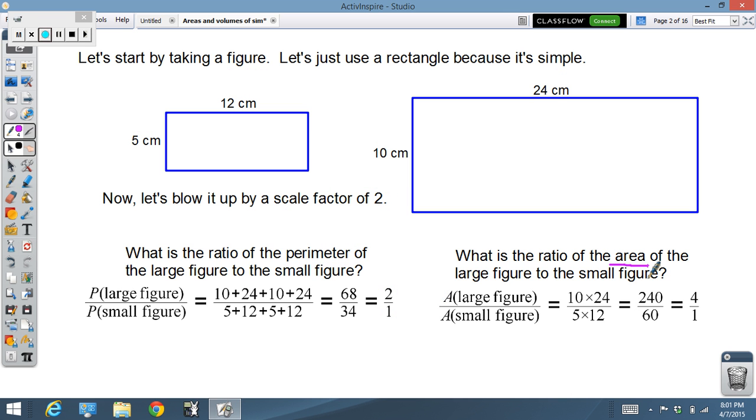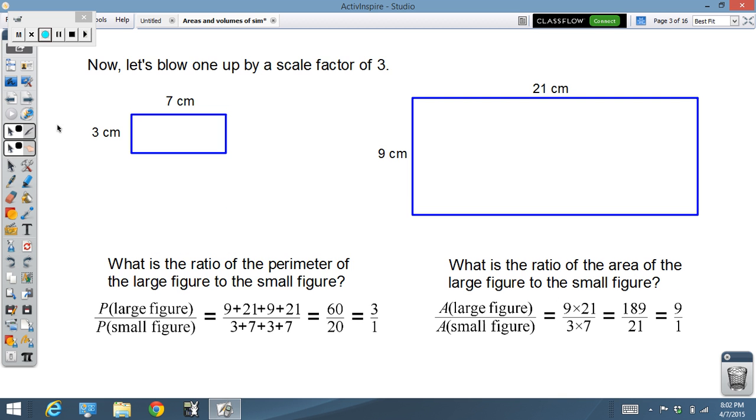We did the calculations and found that the area changed by a factor of 4 to 1. That makes sense, because if I duplicated the small rectangle, I could fit 4 of them in the area occupied by the bigger one. So we found the area changed in that manner.